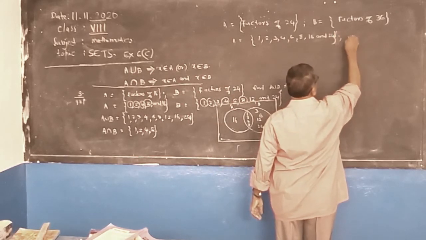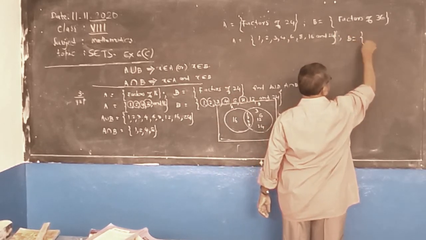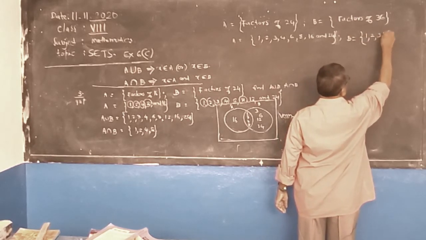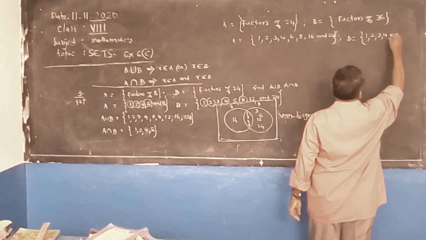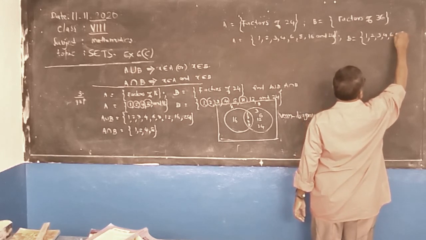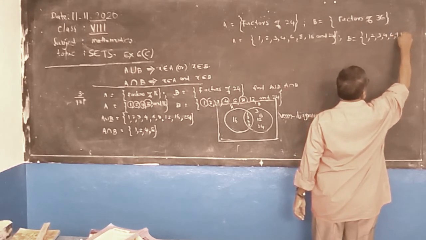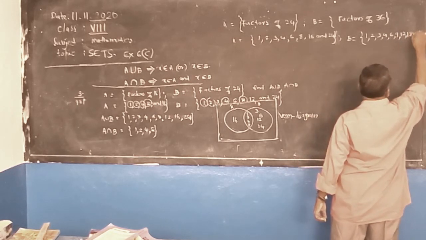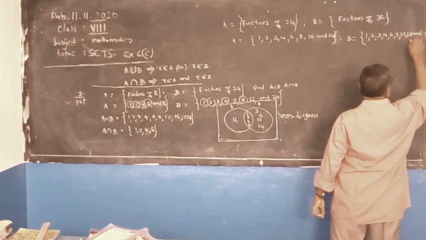And set B, factors of 36: 1, 2, 3, 4, 6, 9, 12, 18, and 36.